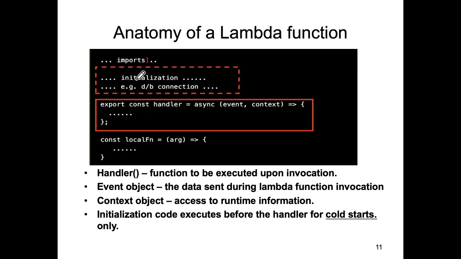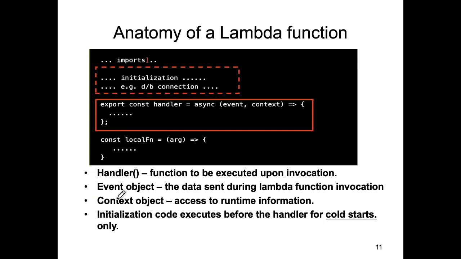The key parts of your Lambda implementation are the actual handler itself, which is the main part. It's the function that is executed whenever the relevant event occurs. There's the event object parameter that contains the data associated with the event.